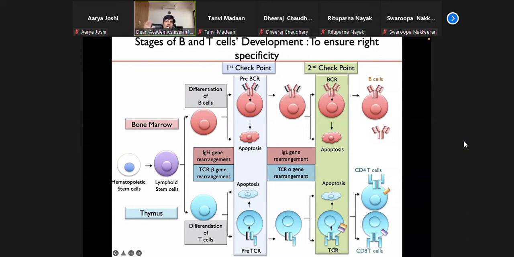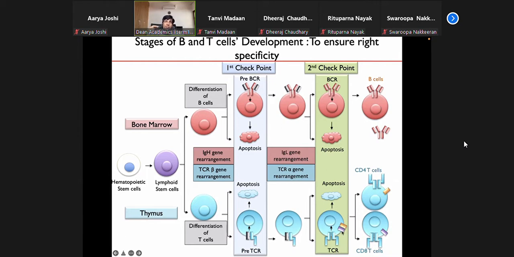For a rearranged TCR, if it recognizes peptide loaded onto MHC class 1, okay, TCR recognizing peptide loaded on MHC class 1, this will downregulate the CD4 molecule.